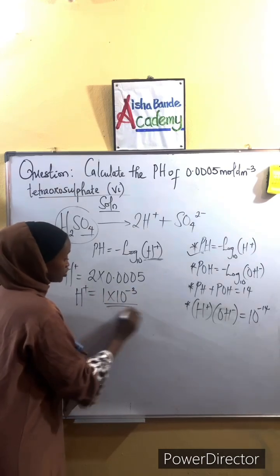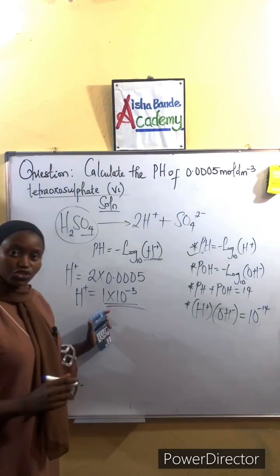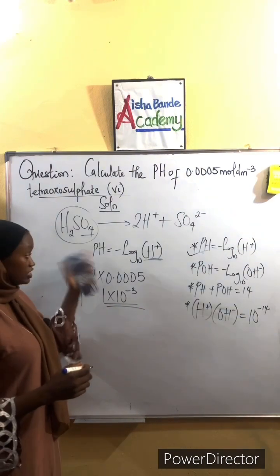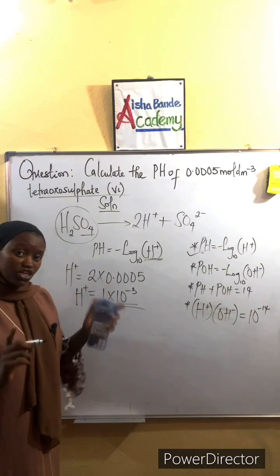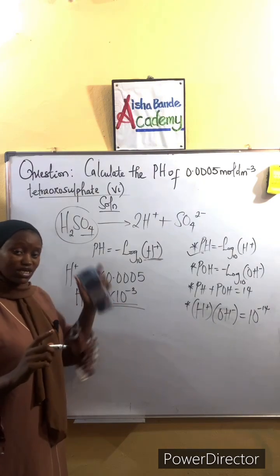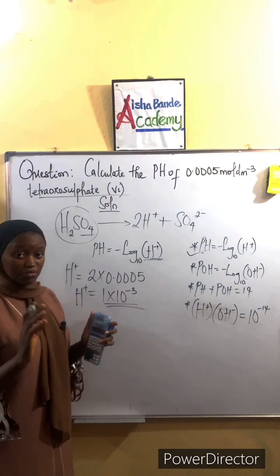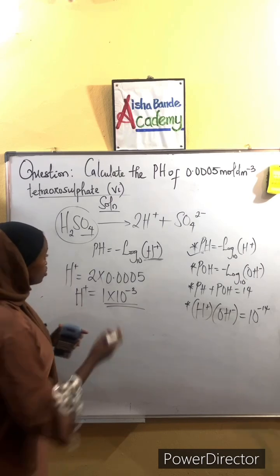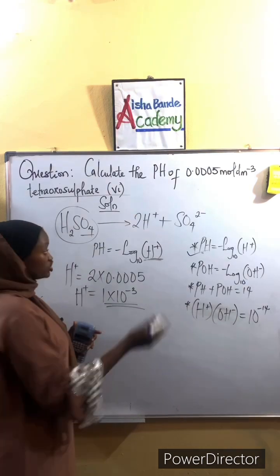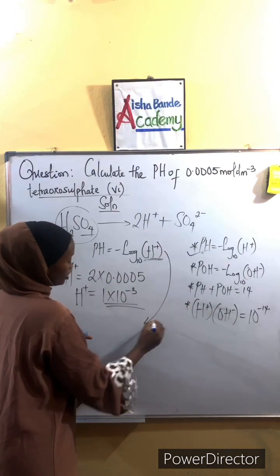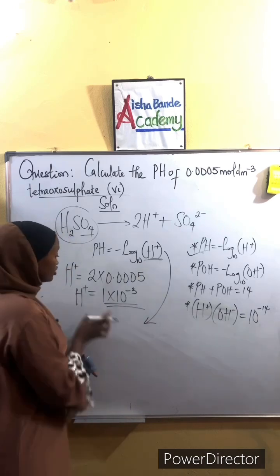But the question is not asking us to calculate the hydrogen ion, but the pH. And know that our pH is always in the range of 0 to 14, as I mentioned in the previous class. So to calculate the pH, we substitute the value of hydrogen ion we've got.